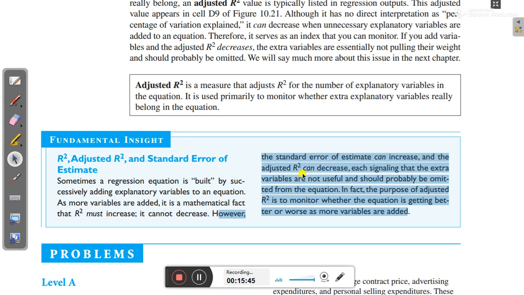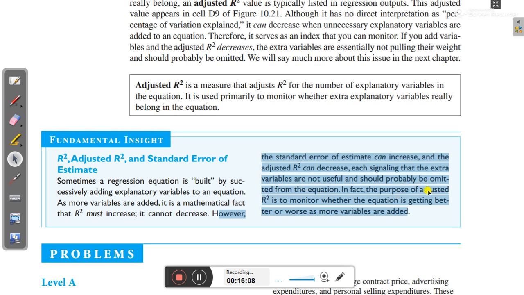So whenever the adjusted R square value decreases, we can omit the extra explanatory variables, because those extra variables are not useful for the equation.